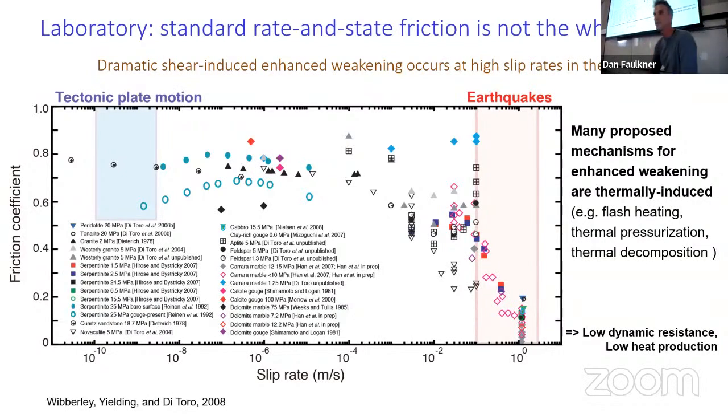And something we've learned, I think, in the last 20 years or so is that as we increase the slip rate, okay, so these are kind of seismic slip rates at about 1 meter per second. So down here, these are really slow kind of earthquake nucleation velocities. So at 10 to the -6, this is a micron per second. This blue window here just shows where plate motion kind of sits in this picture.